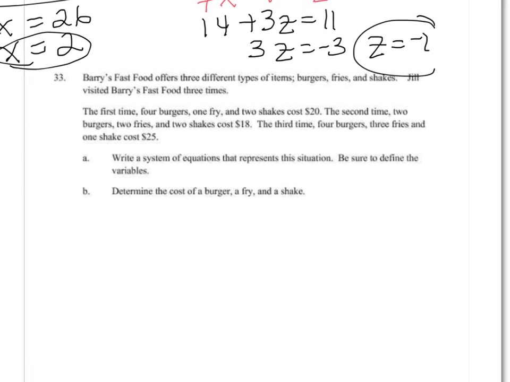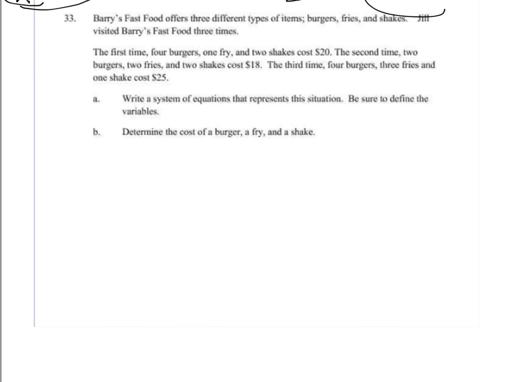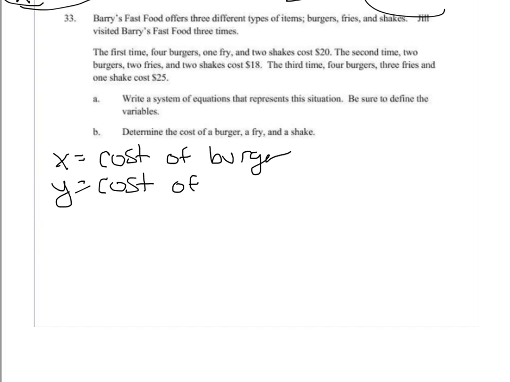Okay, and lastly for a word problem, we have to define our variables. So I'm going to say x is the cost of a burger, y is the cost of fries, and z is the cost of a shake. Now there's actually a typing mistake in this problem.